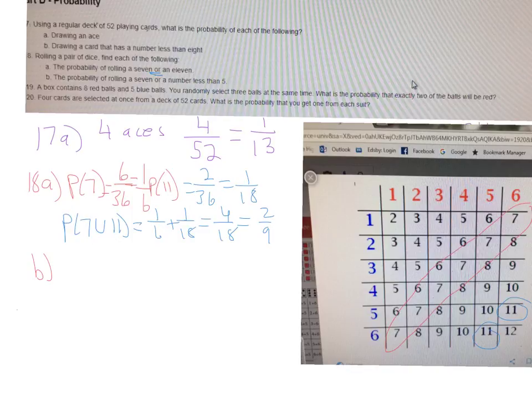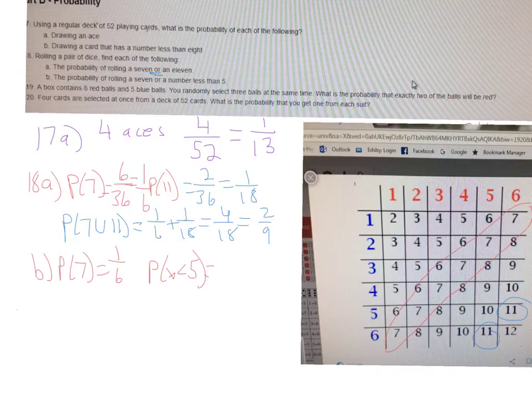we're looking for the probability of rolling a 7 or a number less than 5. So we have a head start because we already know the probability of getting a 7 is 1 in 6. And then we have to look for the probability that x is less than 5.